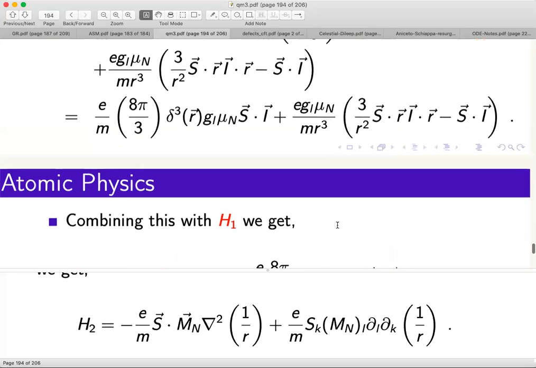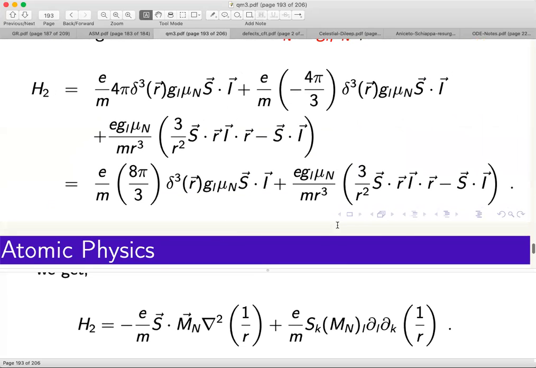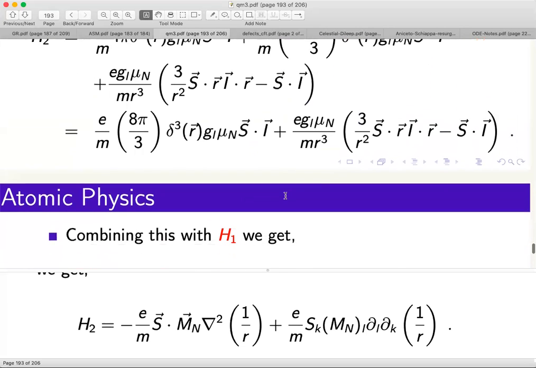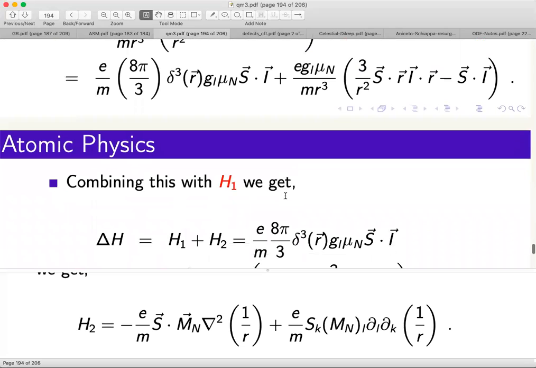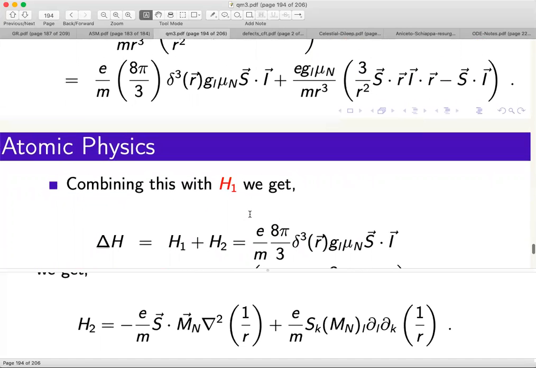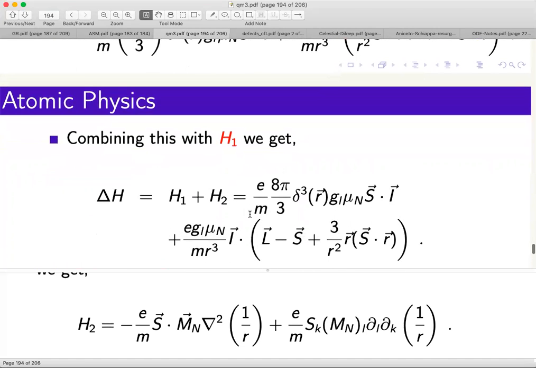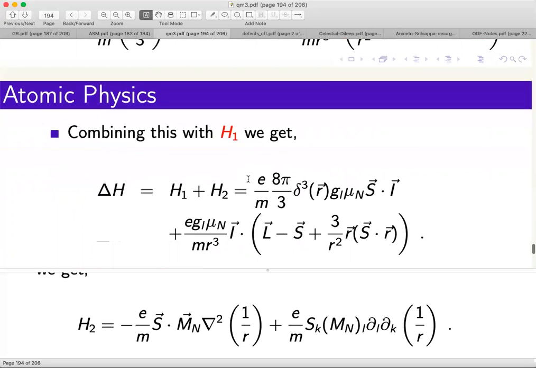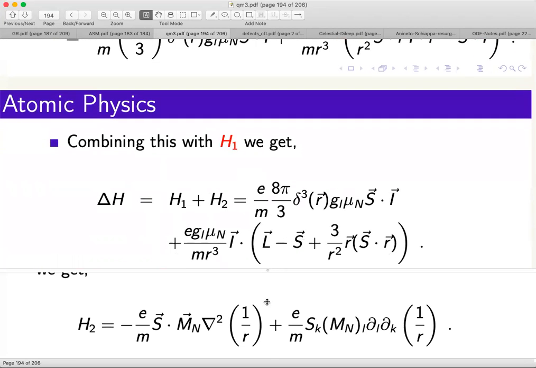Fine. So now, having obtained H1 and H2, we can combine these pieces and write down delta H, which is a combination of both perturbation terms, H1 and H2. Let's write down the terms in a systematic fashion.